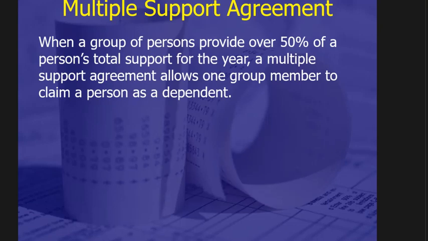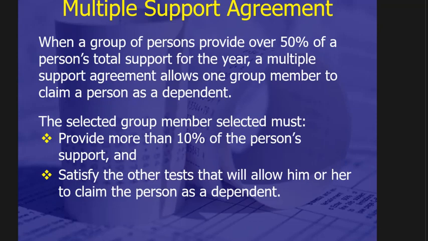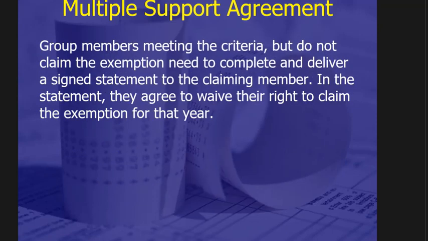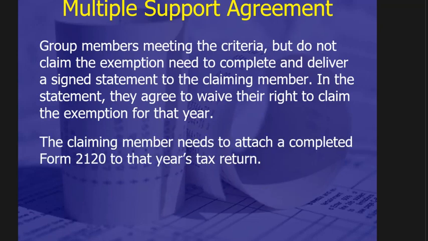If that group of people puts in more than 50%, and there's one person that puts in more than 10%, then the other four, five, or six people can sign off that they will allow that one person to claim the exemption. Basically you would rotate it. If you had six people, each year one person would take the dependency, and then they'd rotate to the next one, and they would do the form each year a little differently. That's Form 2120.